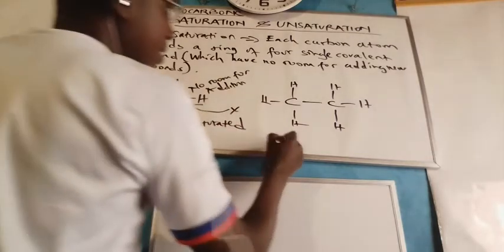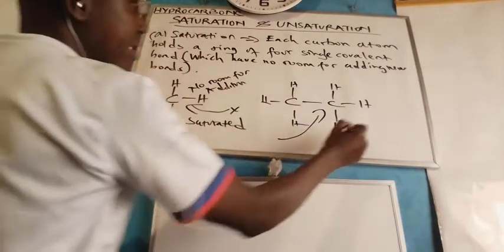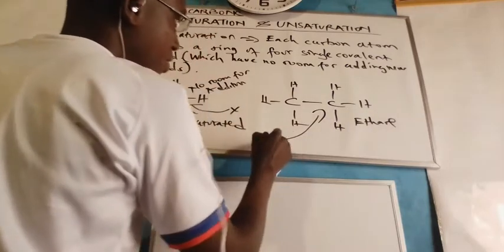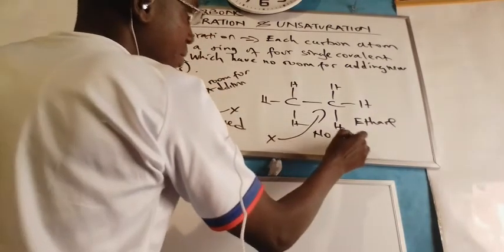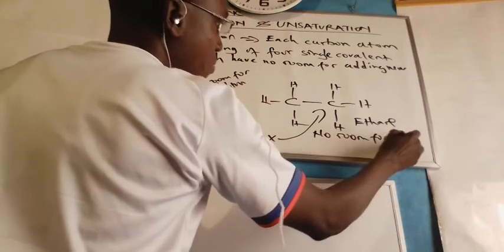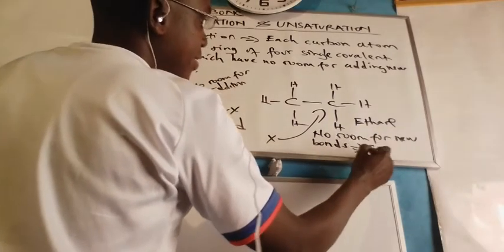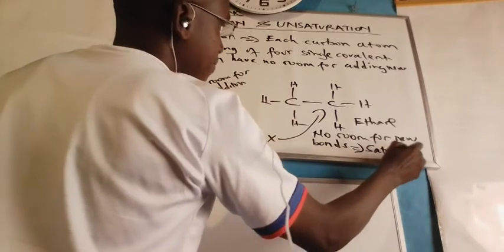The same thing will happen with the ethane molecule, which has no room for addition, no room for new bonds. And when there is no room for new bonds, we say it is saturated.